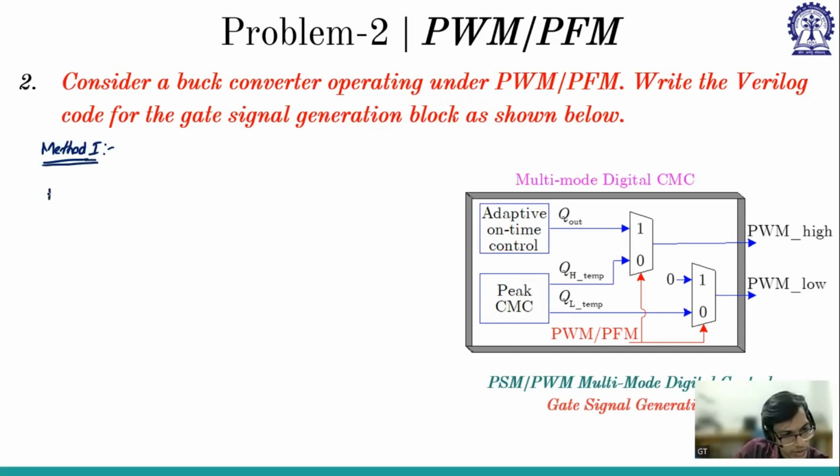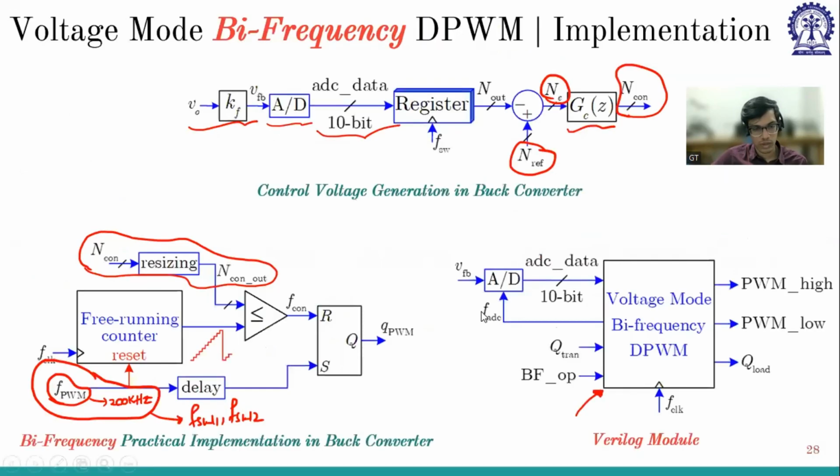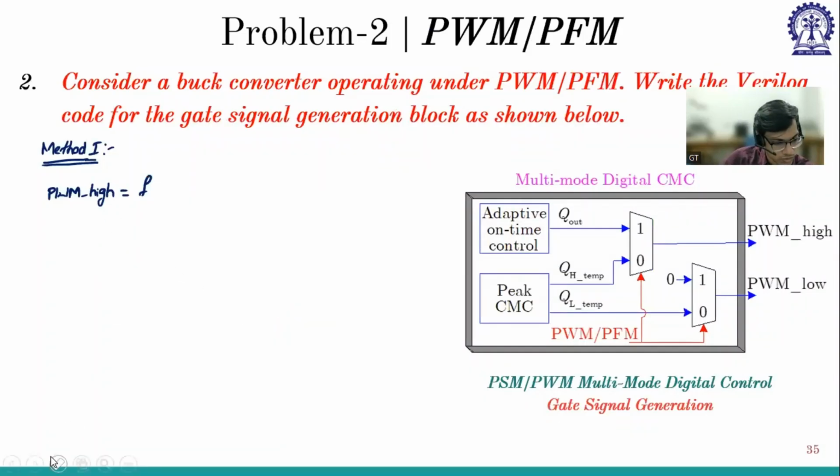So PWM high is equals to, say this is F_PWM_PFM question mark.